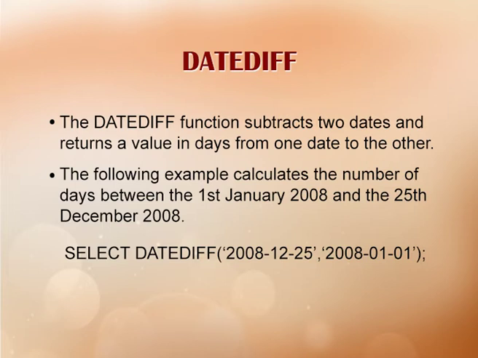The following example calculates the number of days between 1st January 2008 and the 25th December 2008. The destination date should be placed first, in the format shown here: four characters of year, then month, then date, comma, and then the 1st January. From this you can find out the date difference between these two dates.